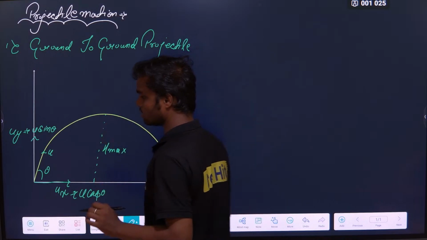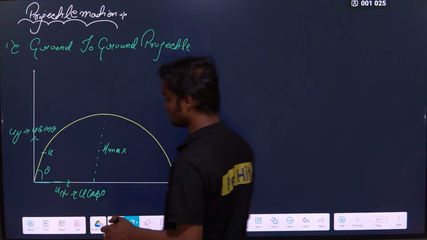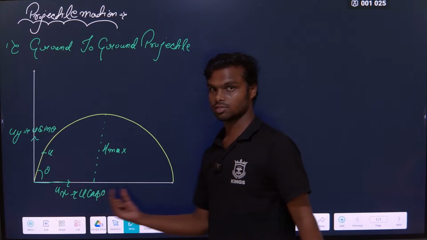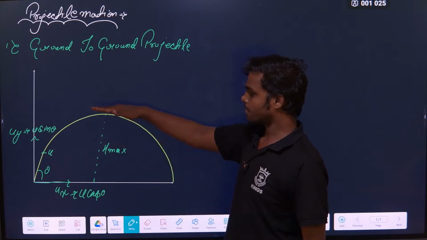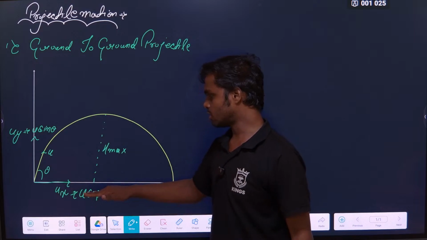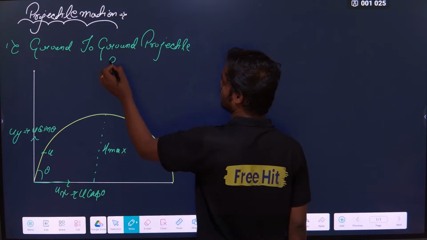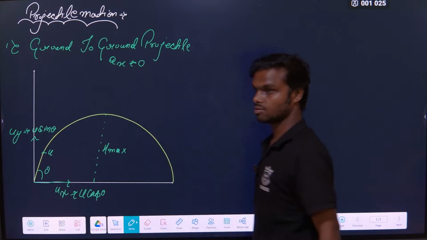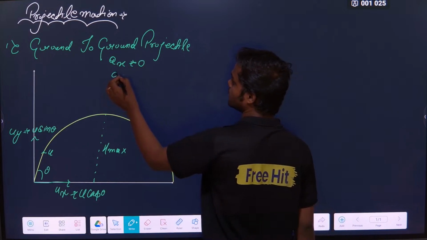One thing is very clear: u cos theta, that is ux, is going to be the same. What is the acceleration in x direction? There is no acceleration, it is zero. Similarly, what is the acceleration in y direction?